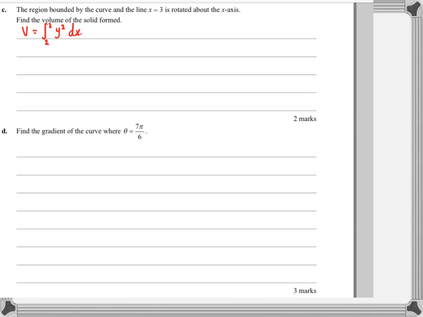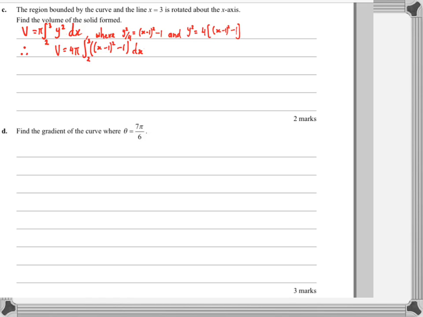So there's our formula to find the volume of a solid of revolution, with those limits from 2 to 3. And y squared can be taken from the equation of the hyperbola, and we substitute that in.